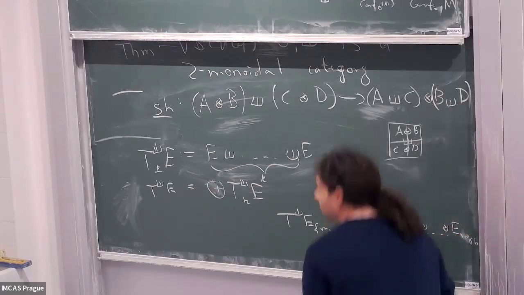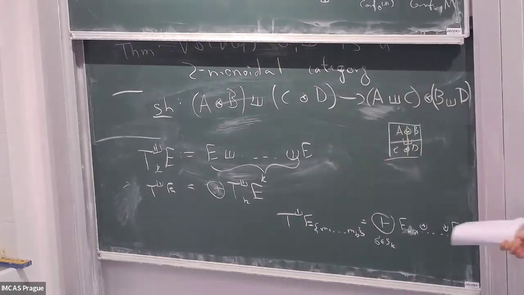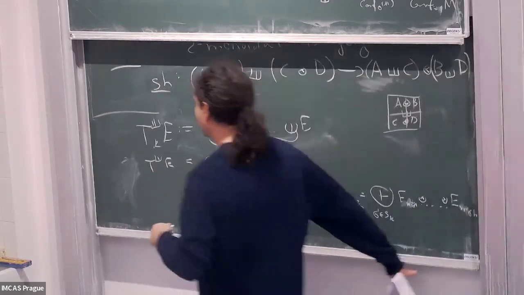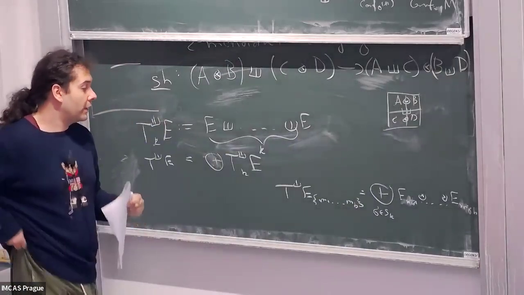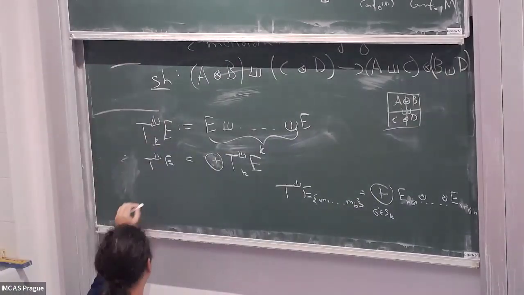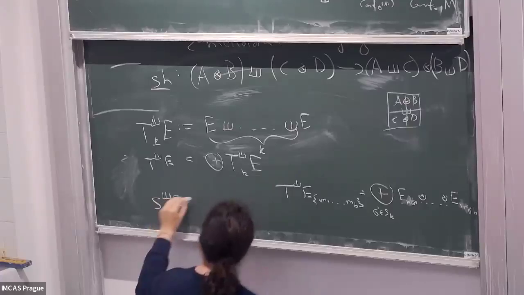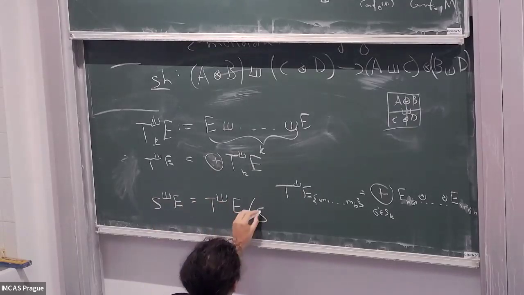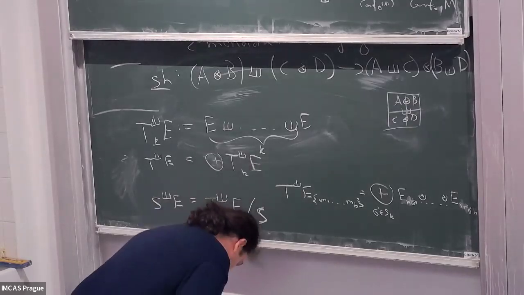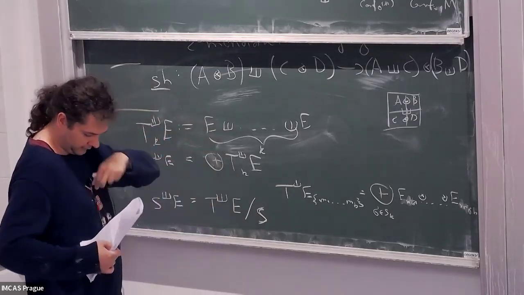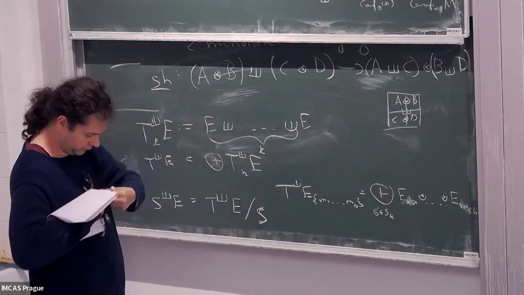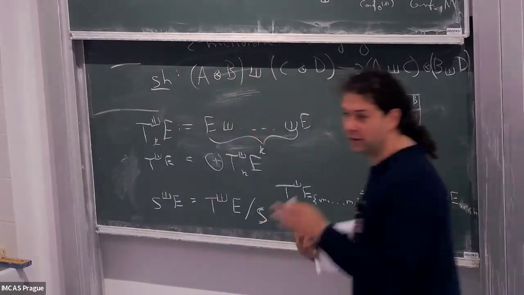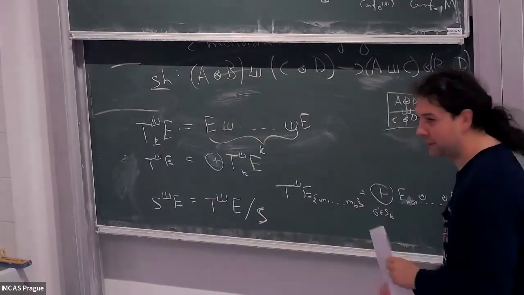On this we of course have an action now of the symmetric group of order k, which permutes the factors, and if we divide out this action, we obtain the symmetric algebra bundle. So symmetric shuffle E will be tensor shuffle E divided by S, where S is just the symmetric group of order k when we are over k points.